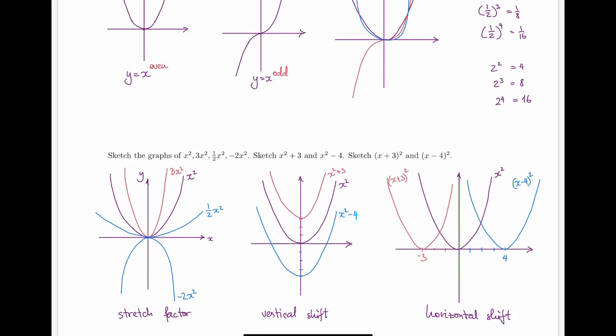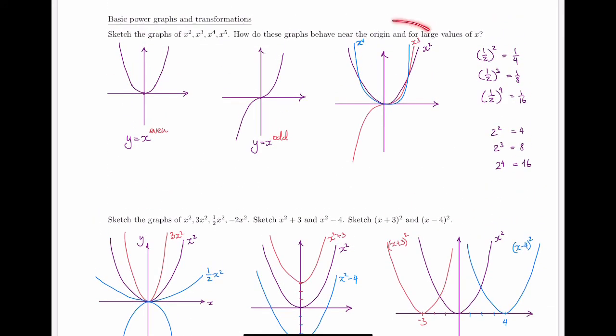Now, going back to our discussion of how the power functions work with each other, remember that the higher the power, the flatter the function is near the origin, and then the faster it grows after. So at some point, this switch has to happen.